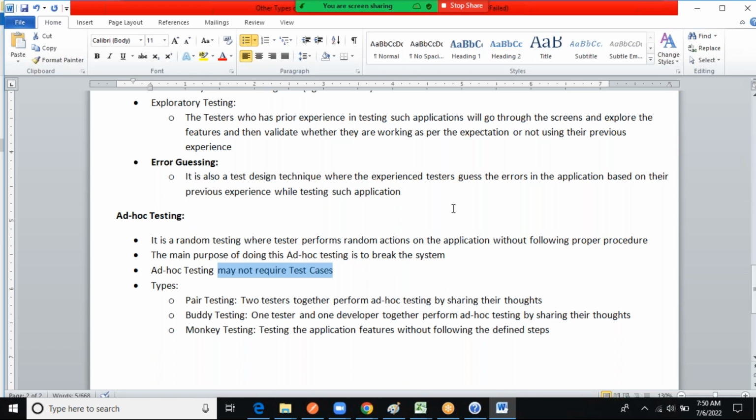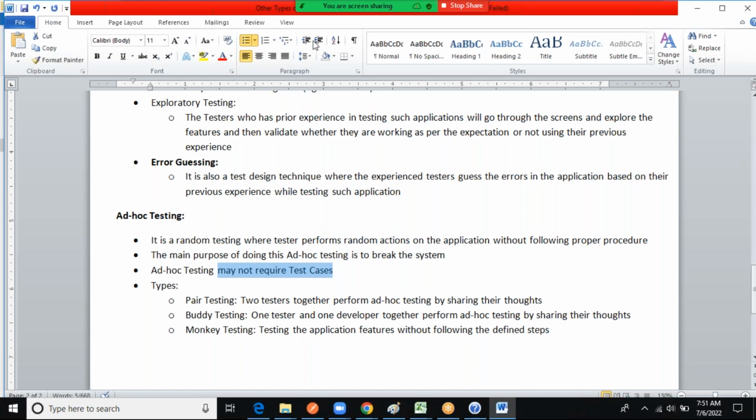Once you are done with those executions, and you are not having any additional scenarios to validate the functionalities, then you do this ad hoc testing, because you still have some time to release the product. For that, you are not going to focus on one feature or two features or a specific requirement. You will be randomly moving around the application. You will be randomly performing actions. That's why we don't need test cases, I mentioned. It's not about one specific requirement I'm talking about here. Randomly you will be doing.